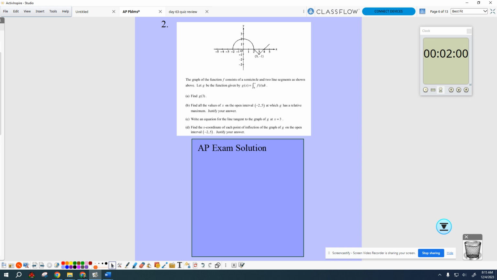I would say g of x equals f of x. The original equation equals the derivative of this. Yeah, this is right, because the derivative of this is that.